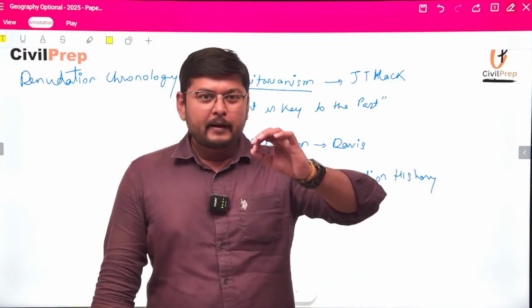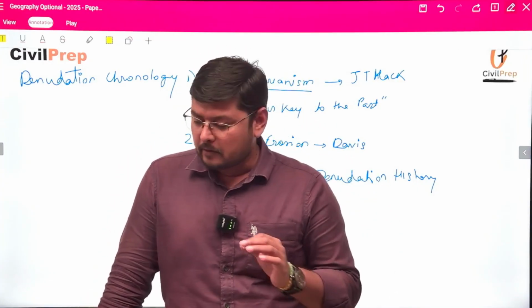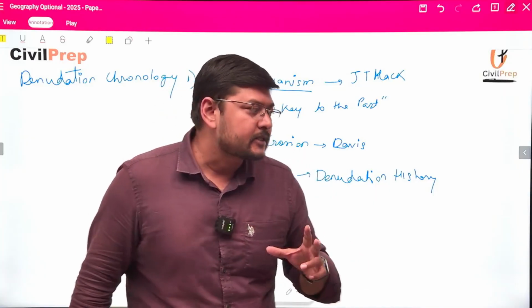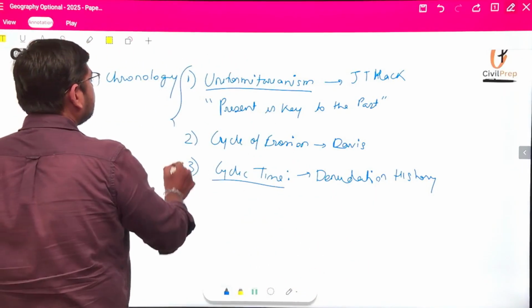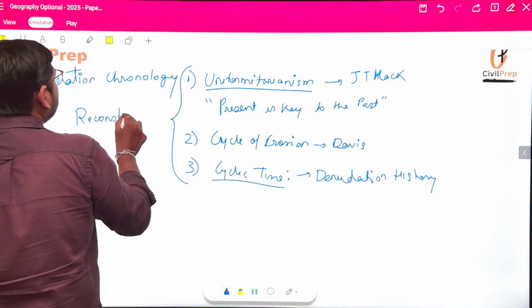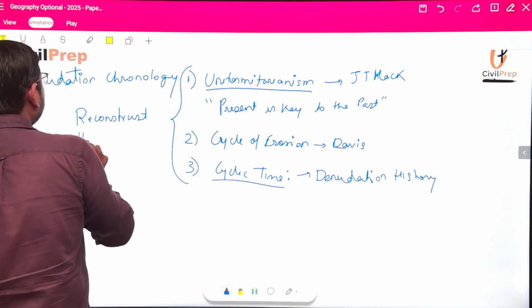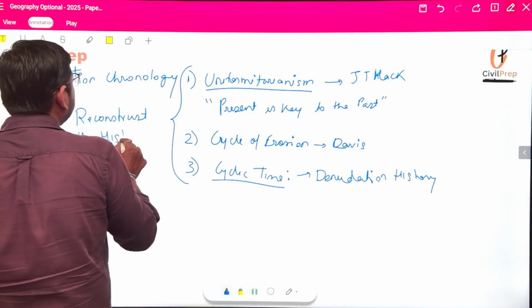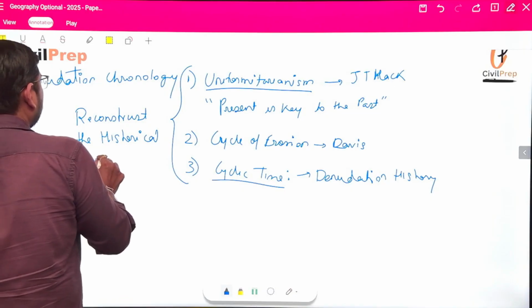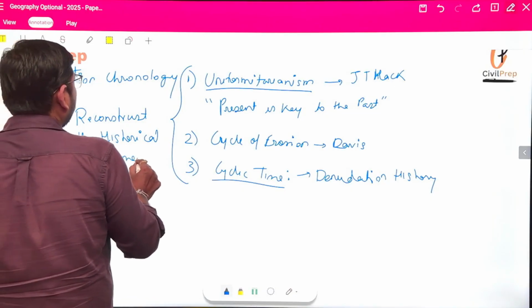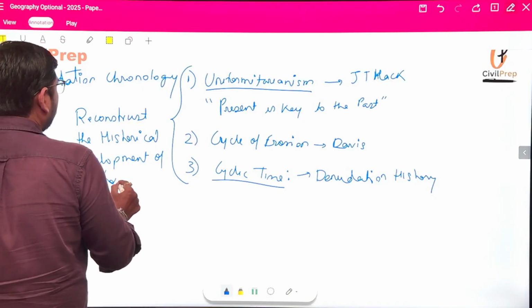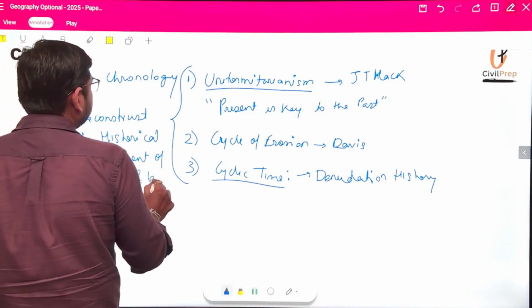Now, when we apply all these three rules, we will see that we are able to reconstruct the historical development of landform and landscape.